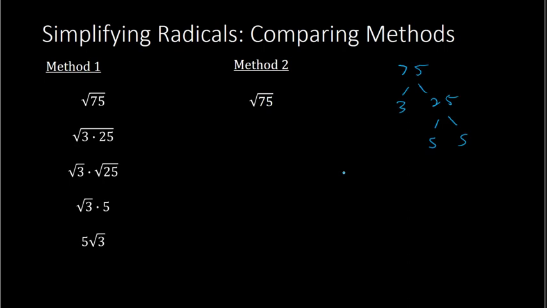So 75 I can think of as a product of 3 times 5 times 5. Now using this method 2, I look for groups of 2 things, and here we see 2 5's. So I pull out 1 5 because I have one group of 5's. So now I have 5 on the outside and a 3 left over on the inside to give me 5 times the square root of 3.